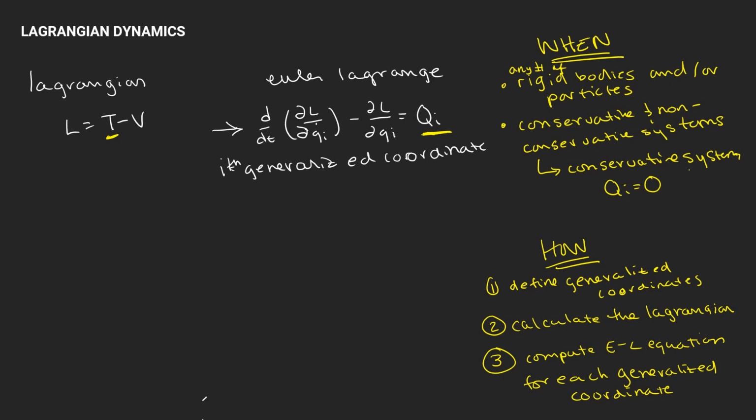And so for this week, just to get our feet wet working with this Lagrange equation, we're going to assume that all of the systems we work with, all of our sample problems and homework problems, are going to deal with conservative systems where this Q is equal to 0. But in subsequent weeks, you'll see videos that are going to show you how to calculate this Q value. So for now, again, we're just going to assume that for the problems we're working with, Q sub i equals 0.